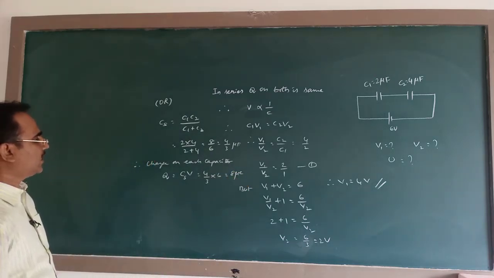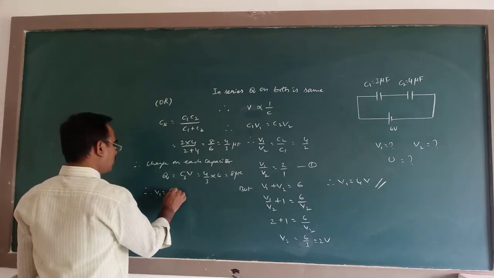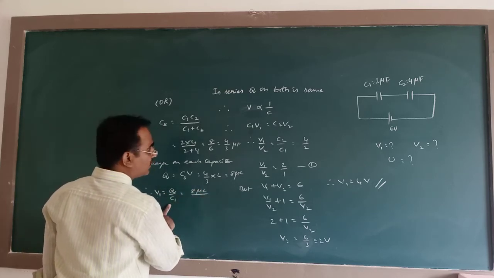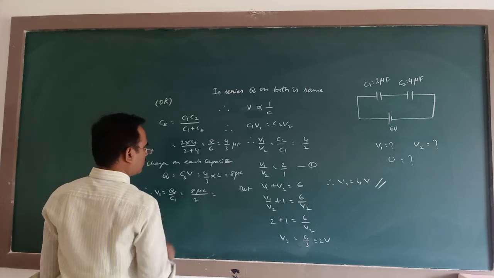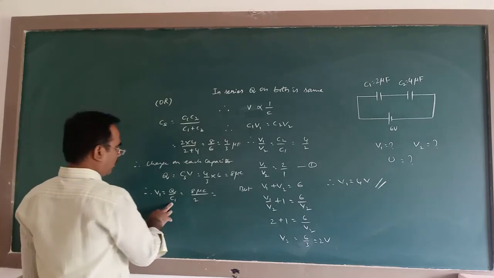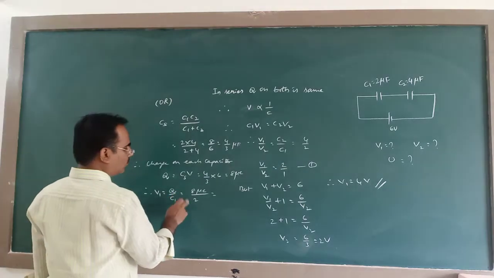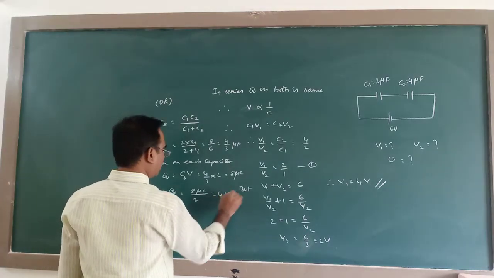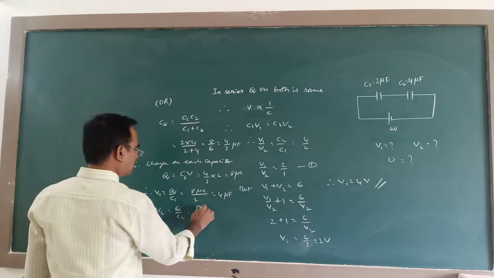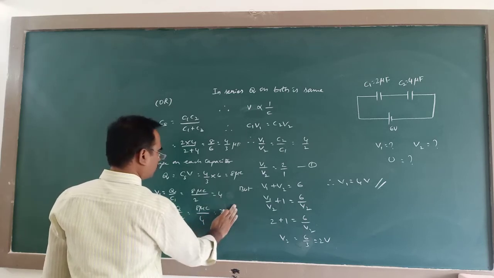Therefore V1 is equal to Q divided by C1. So 8 by 2, which is 4 volt, and V2 is Q by C2, that is 2 volt.